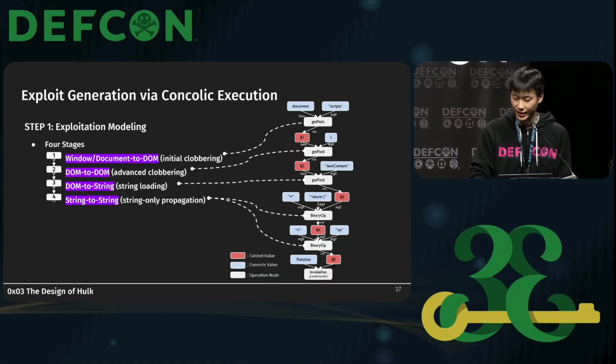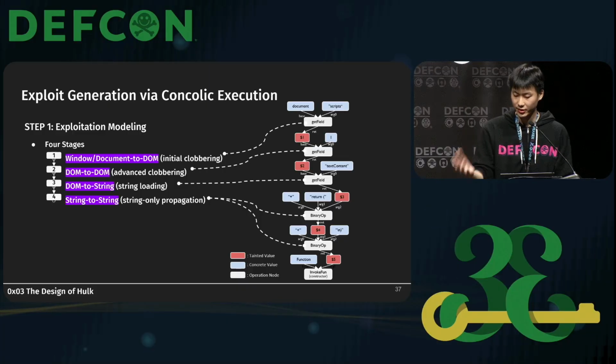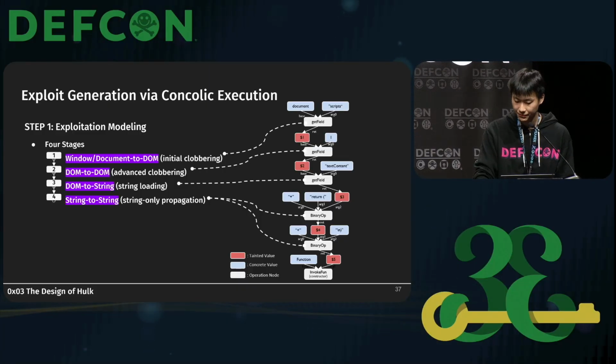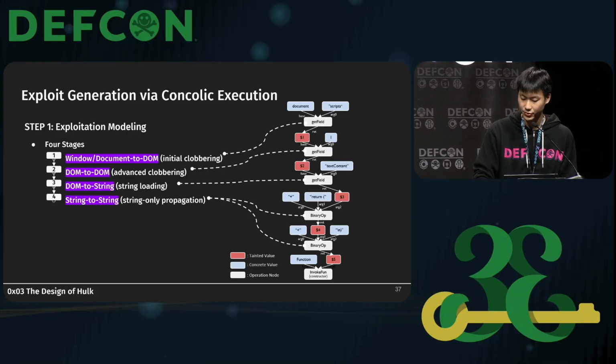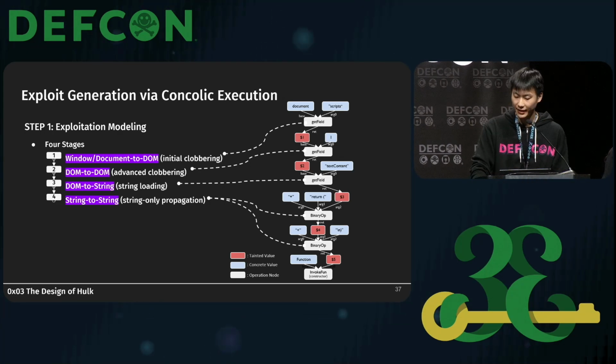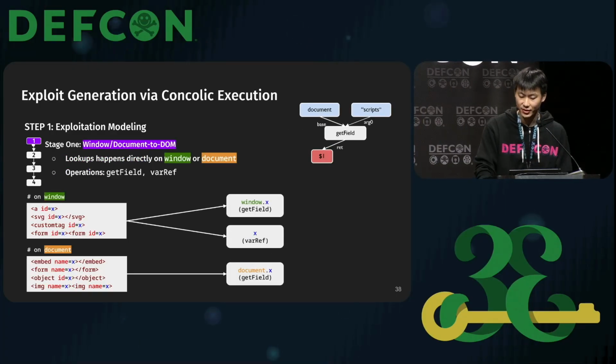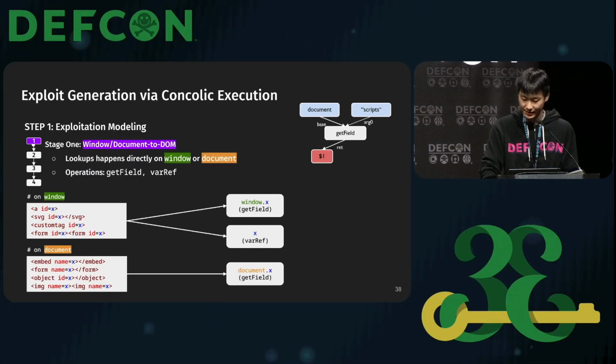And the third stage is DOM to string, where the string payload loads from the attacker-controlled DOM elements to the page. And the final stage is string to string, where the string is processed or transformed and finally flows to the sink. In the first stage, the DOM elements should contain an ID or name attribute corresponding to the lookup keys, which is quite straightforward.